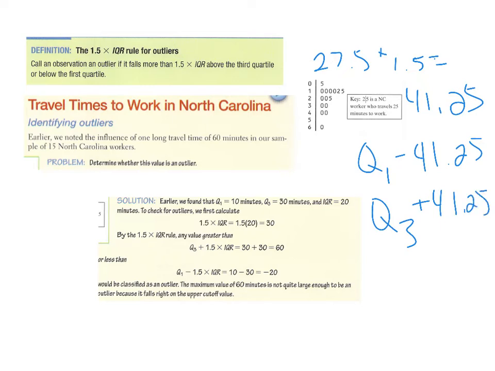If I had any values that were bigger than those or smaller than those, then those values are definitely outliers. Okay, so let's look at this example.